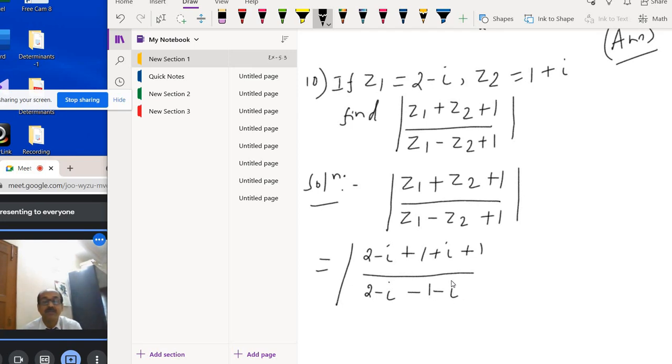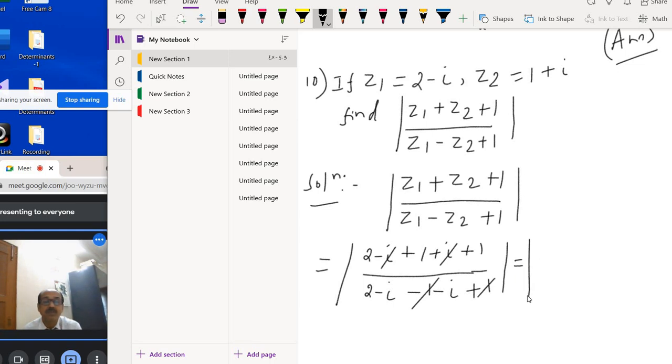Minus 1 minus i plus 1, mod. So here i plus i and minus i cancel from the numerator, so 4 in the numerator, and in the denominator minus 1 plus 1, minus 1 plus 1, 2 minus 2i.